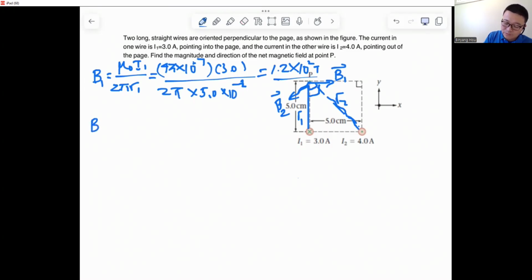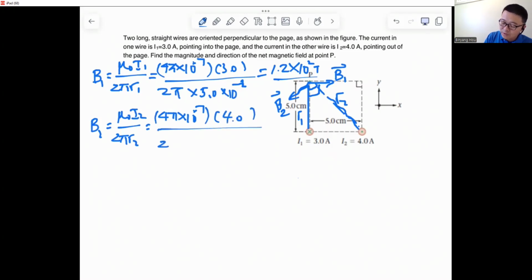Now for B2, we can do it similarly. B2 is mu naught I2 over 2 pi R2. Again, 4 pi times 10 to the minus 7, now I2 is 4.0 amps, over 2 pi times the diagonal of the square, which would be square root of 2 times the side, so square root of 2 times 5 times 10 to the minus 2.